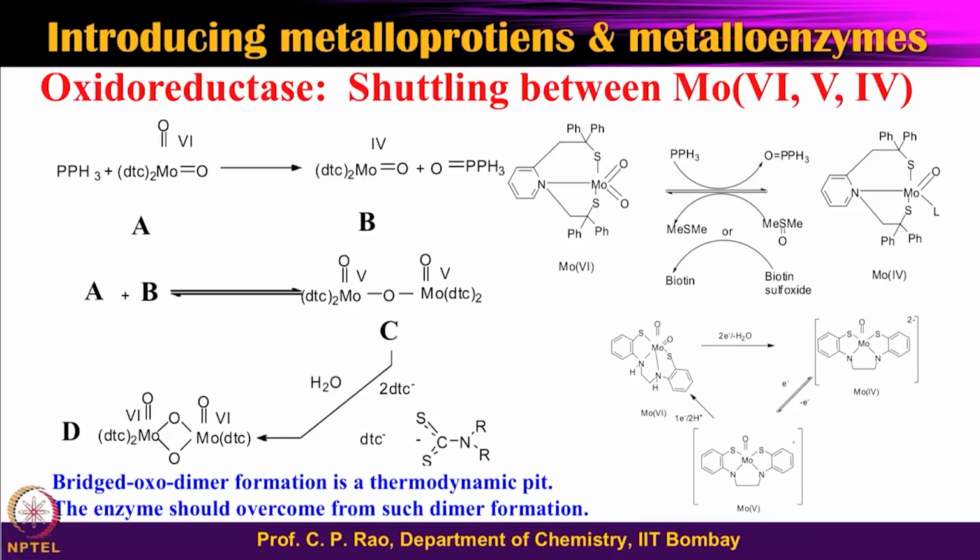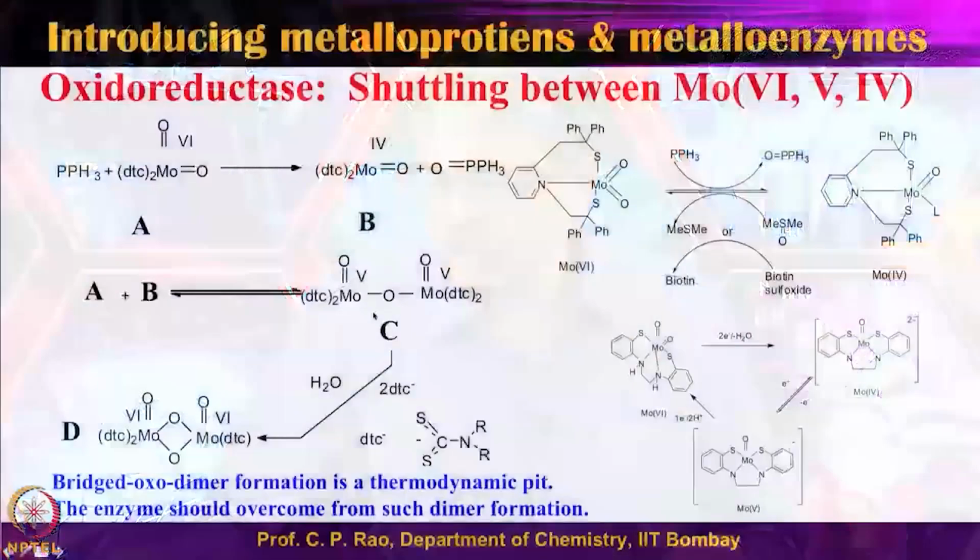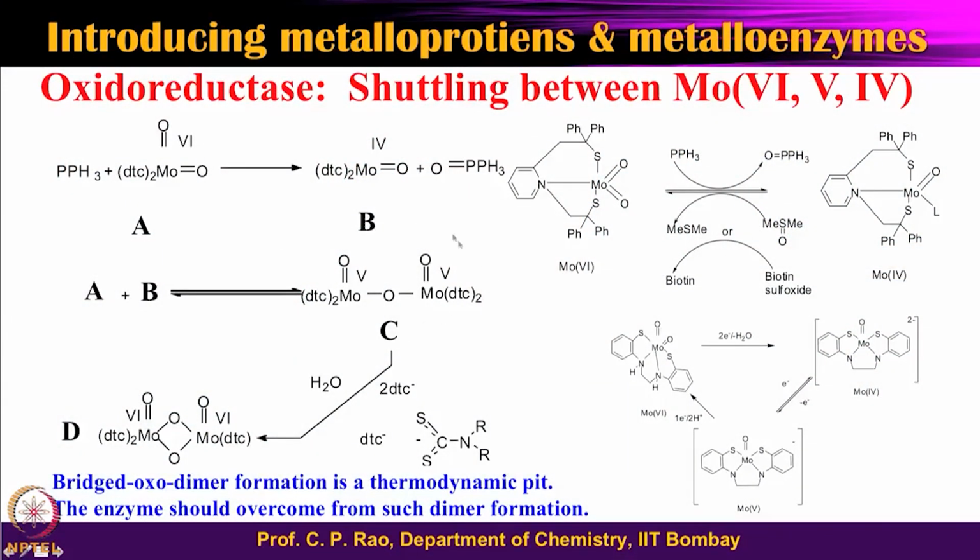This has to be done in a very controlled fashion by the enzyme. If it is controlled by the enzyme, then it can do the oxidation reaction in one stage and the reduction reaction in another stage. But if the enzyme is not surrounding it, then this can happen. So, this is a thermodynamic pit.